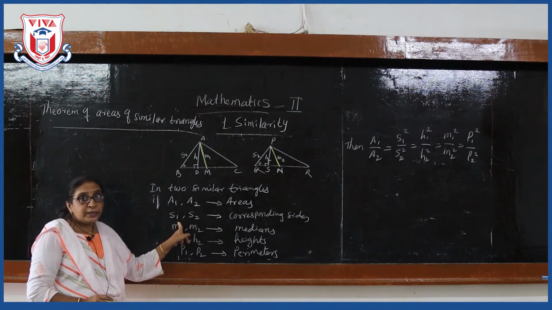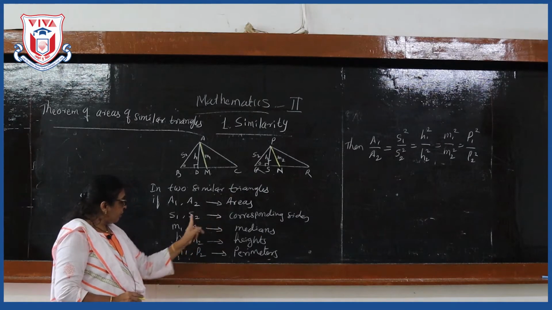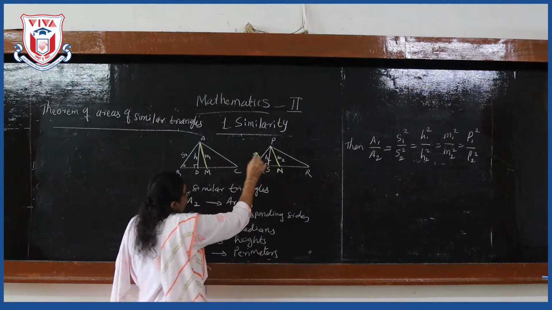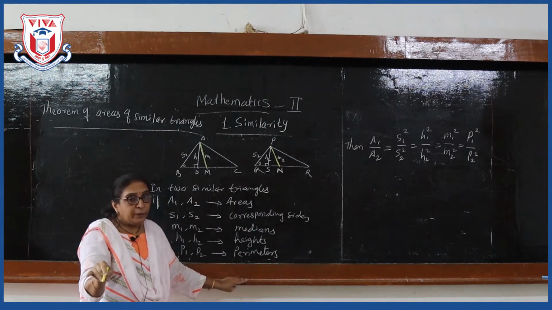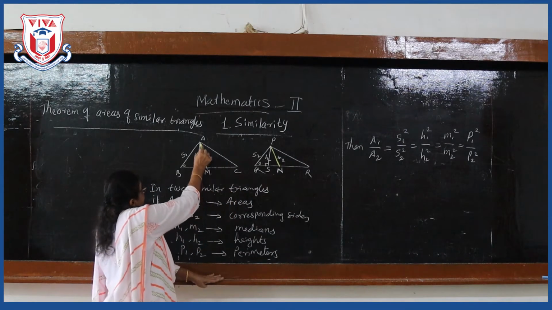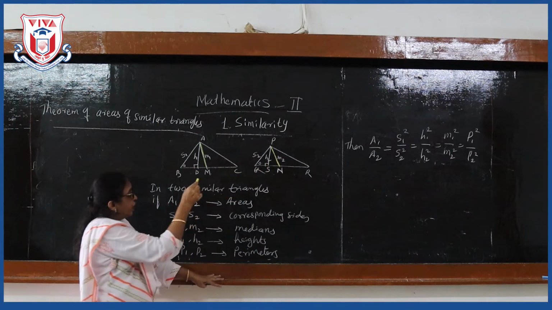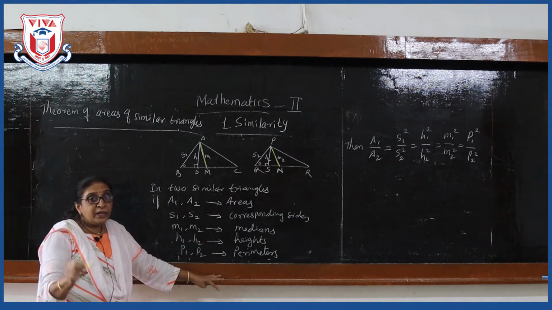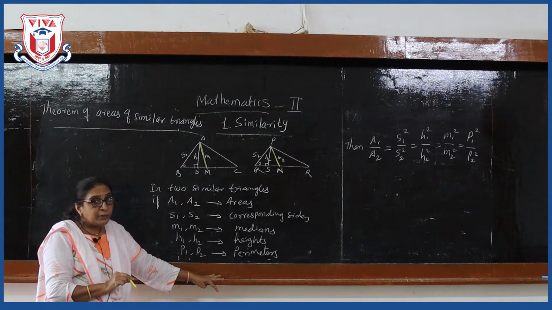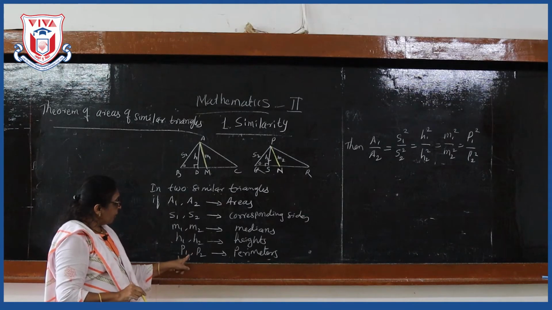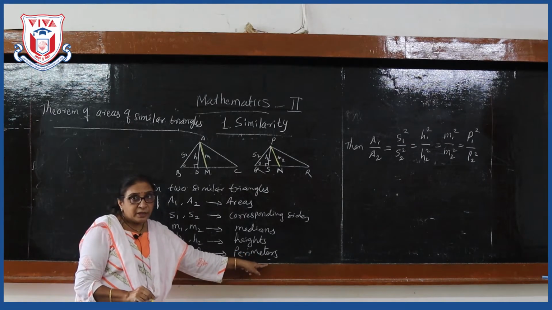Their corresponding sides are S1 and S2. Corresponding medians, here AM and PN, we consider M1 and M2. Corresponding heights, AD and PS, are H1 and H2. And the perimeters means what? Sum of all sides of a triangle. So P1 and P2 be the perimeters.